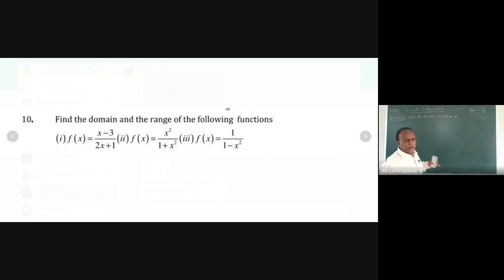Find the domain and the range of f of x is equal to x minus 3 by 2x plus 1.